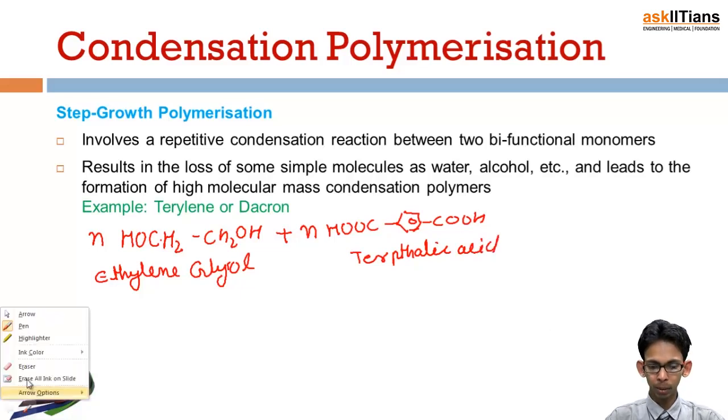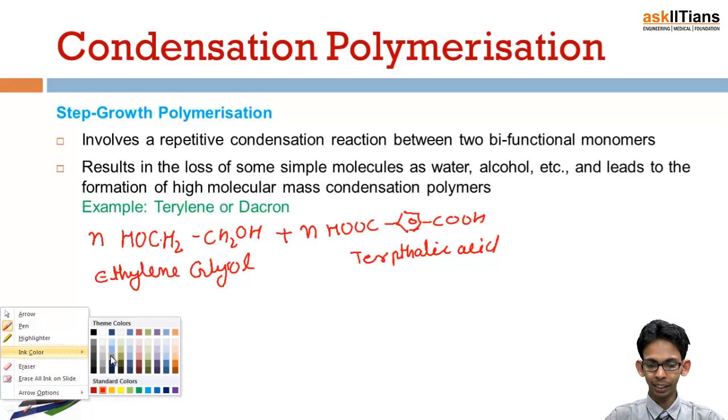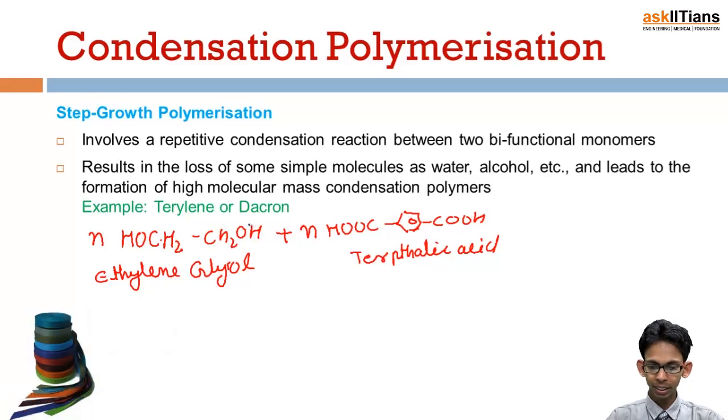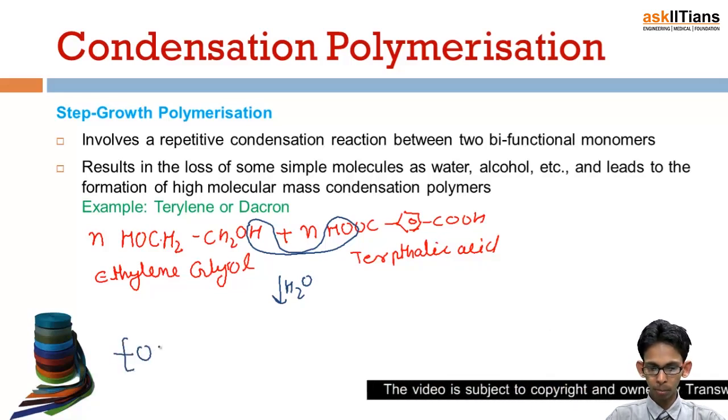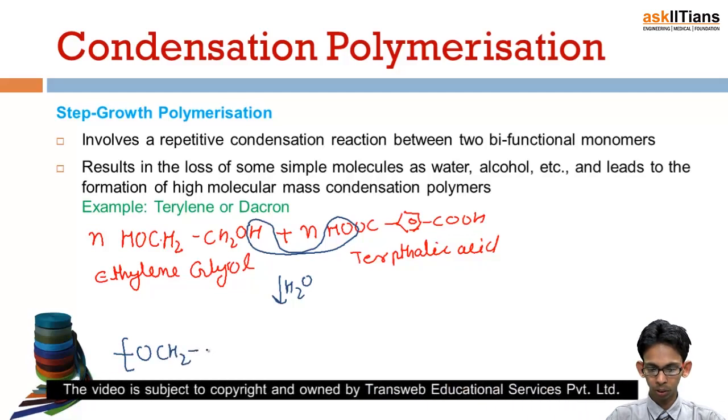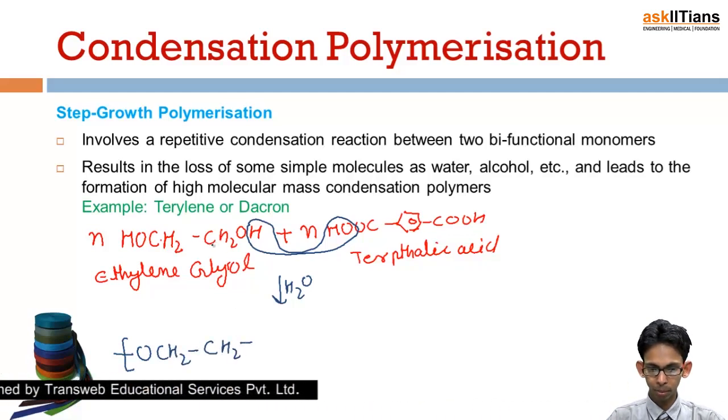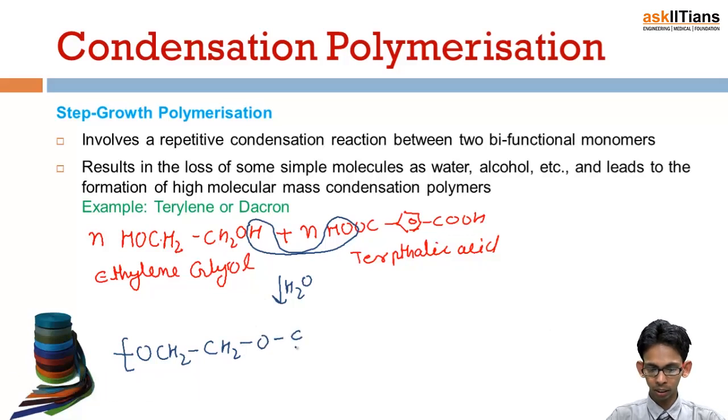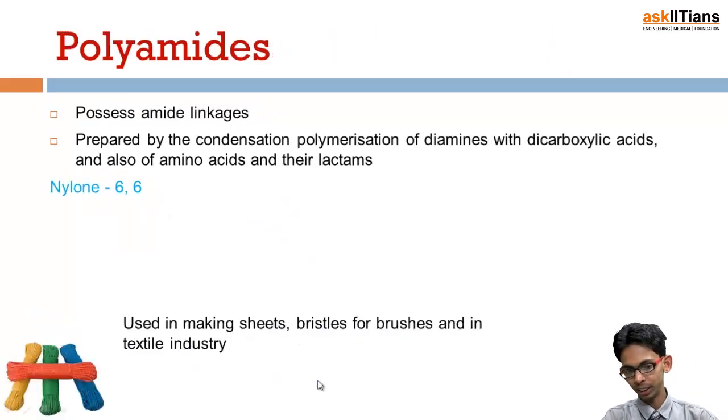These two molecules come together and undergo a condensation reaction. Condensation means it involves elimination of a water molecule, and the compound which we get looks like this. It is a polymer with CH2, this part, then an oxygen, then carbon and oxygen here, and a long chain, which is known as Dacron. So this is an example of condensation polymerization.